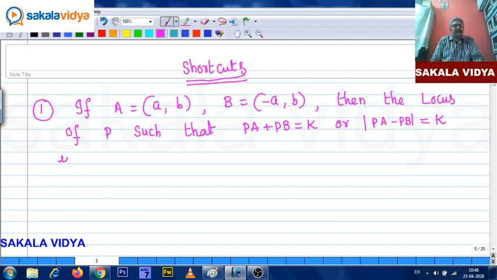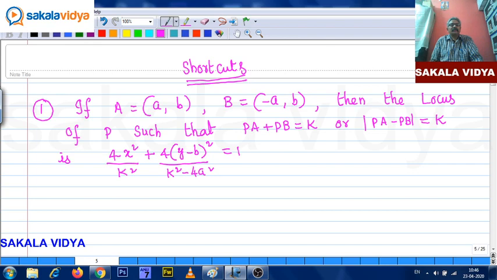The equation of the locus is given by, very simple to remember, 4x square by k square plus 4 times y minus b whole square upon k square minus 4a square equals to 1. So, that means actually you remember here y coordinates are equal.